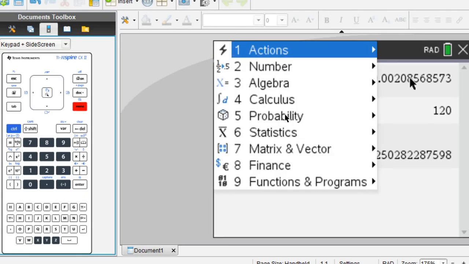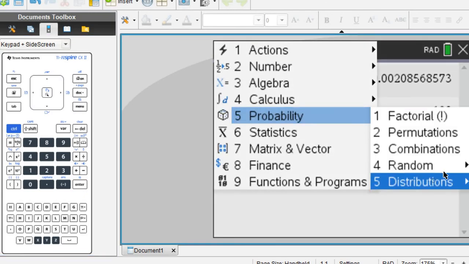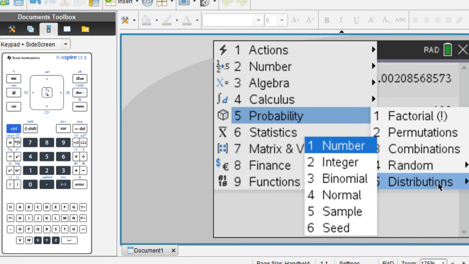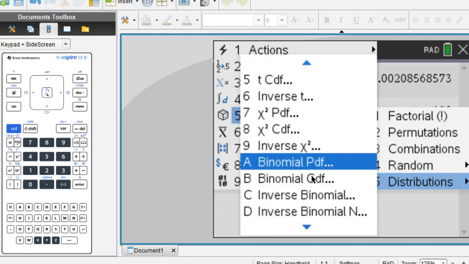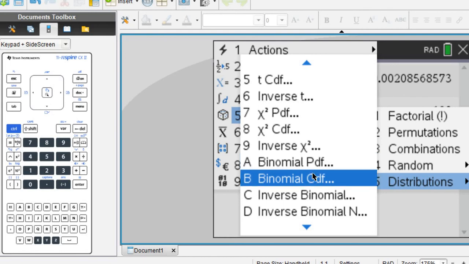There is an option on your GDC that allows you to do that fairly straightforwardly. If you go into menu, probability, distributions, and you go down to these options here, we can calculate this without worrying about the formula. So for this particular question, we would choose CDF.